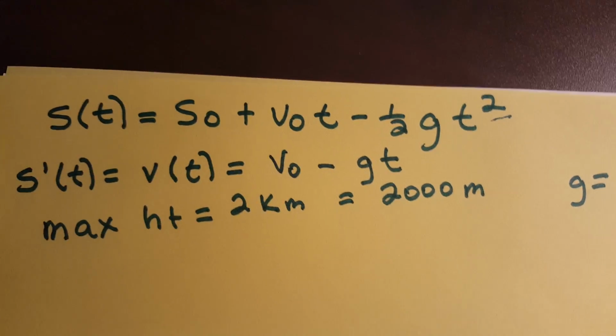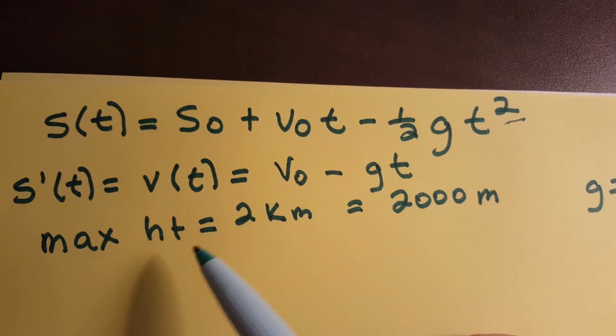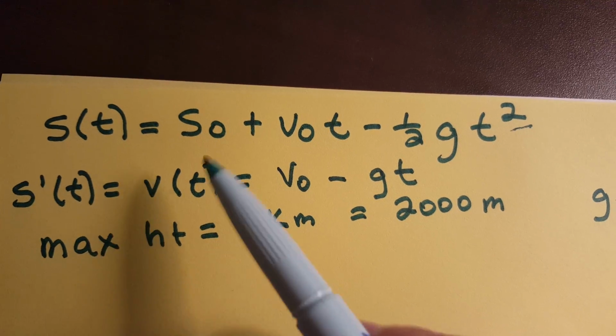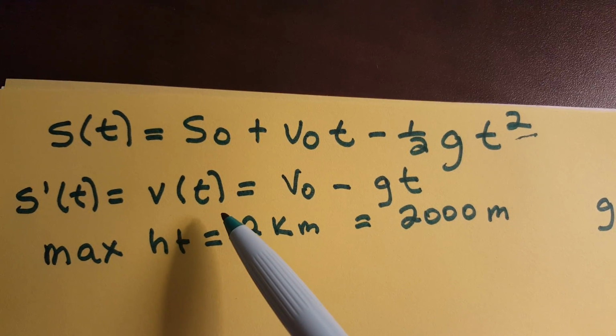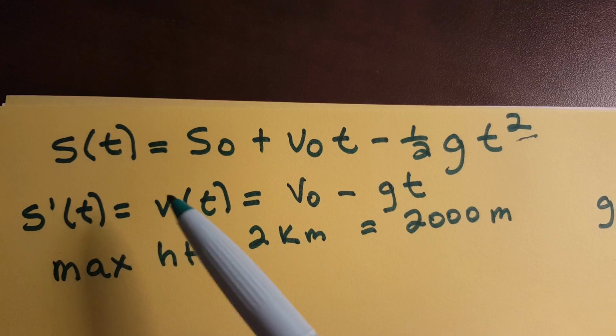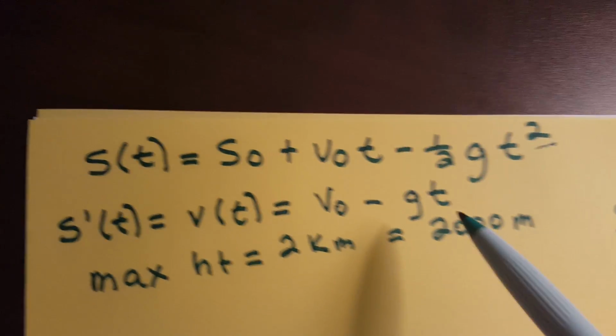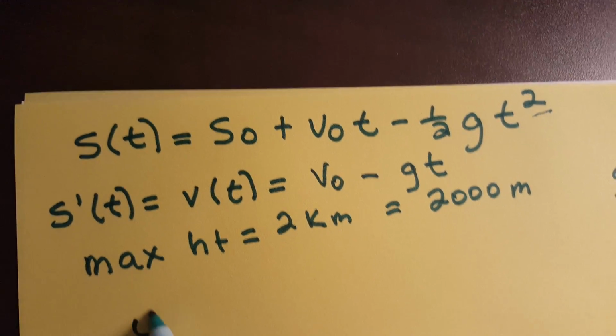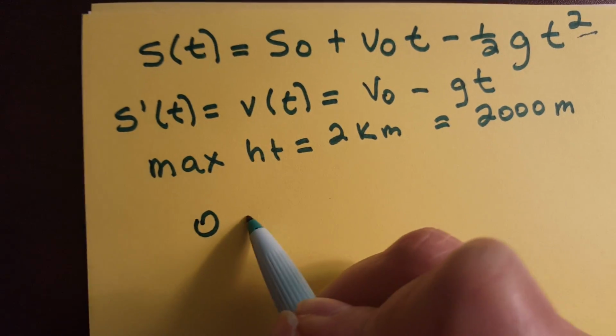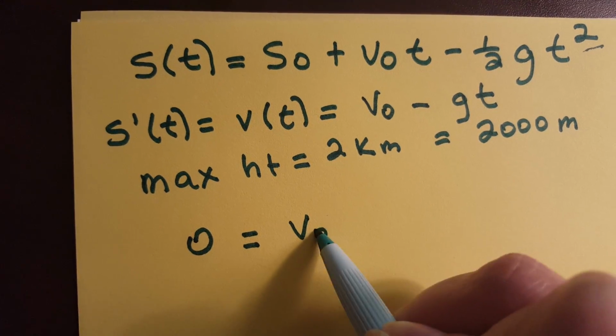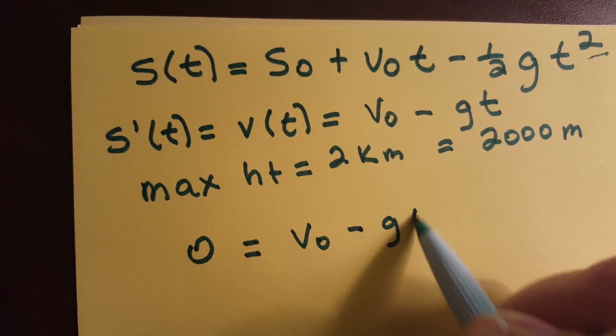Well, I don't have a lot of information, but I do know max height occurs when velocity equals 0. So I can go into my velocity formula and set it equal to 0: 0 equals v sub 0 minus g t.